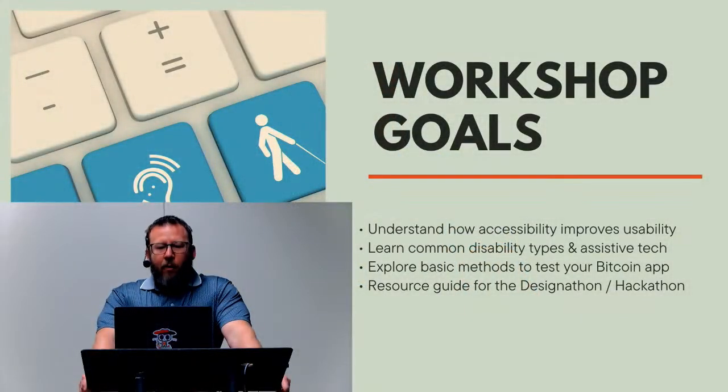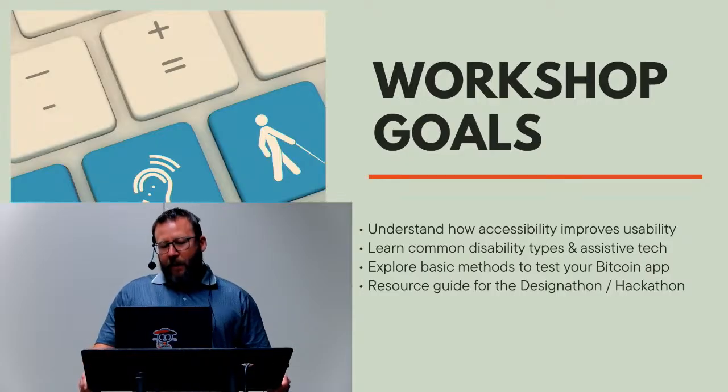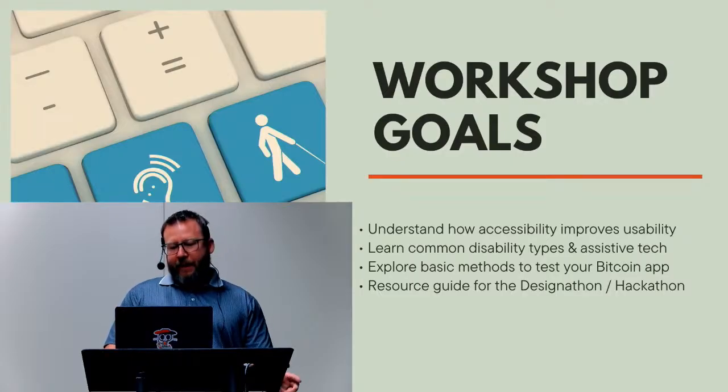Some of our workshop goals that we're going to cover today: we're going to try to understand how accessibility improves usability for everyone. We'll learn some common disability types and assistive technologies that people with disabilities use. We'll also explore basic methods to test your Bitcoin applications. And then we have a resource guide for the Designathon and Hackathon towards the end.